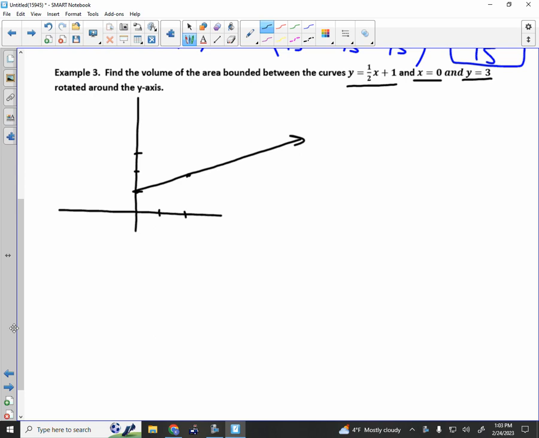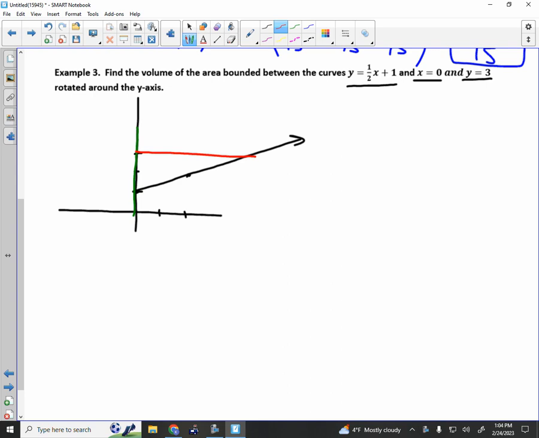What is x equals 0? The y-axis. So I'll bound it there, and I'll bound it by y equals 3. What does y equals 3 look like? Yep, it's just like this. Okay? So it's bounded by those 3 pieces.